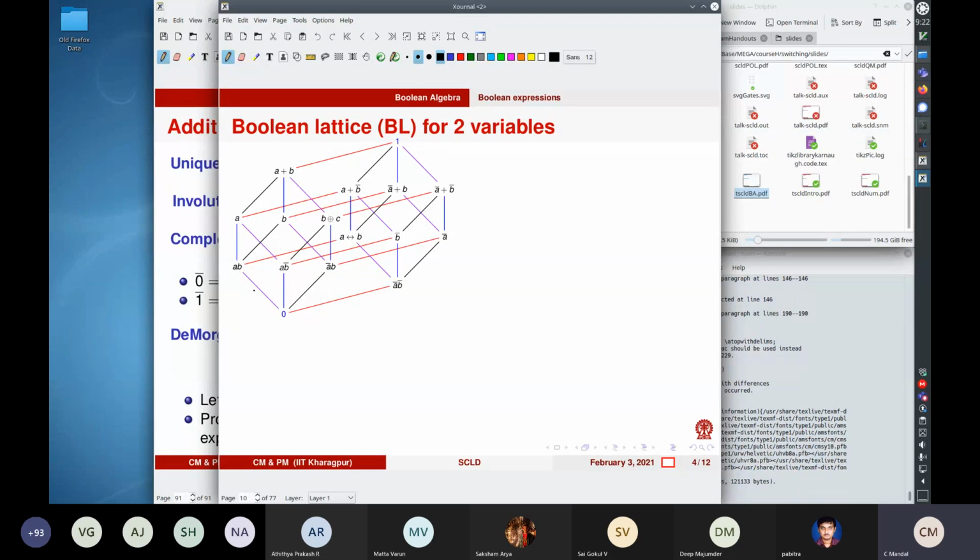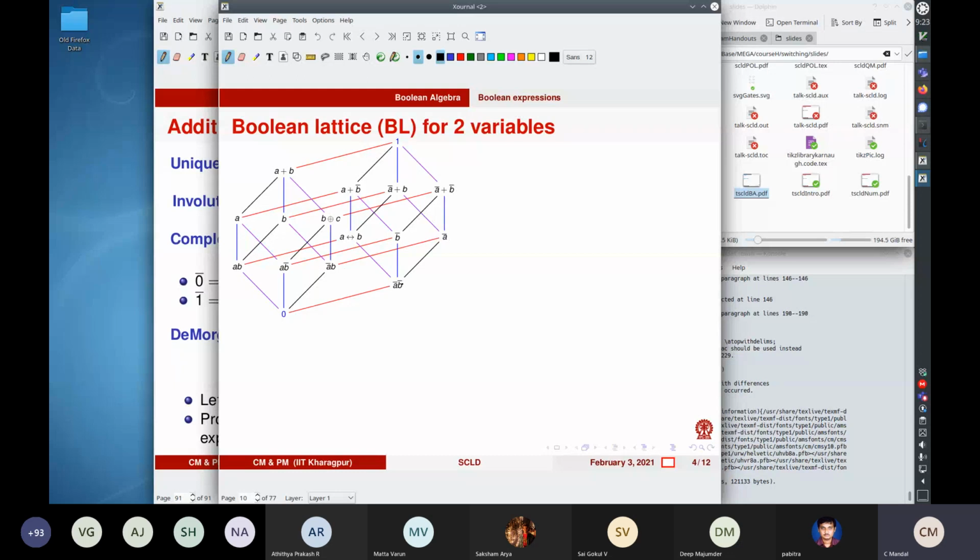So this is an atom which indicates that your element belongs to, let us say, set A and set B, or it has both properties A and B. It has property A, doesn't have property B; doesn't have property A, but has property B. And here it says that you don't have either property A or property B. All right.